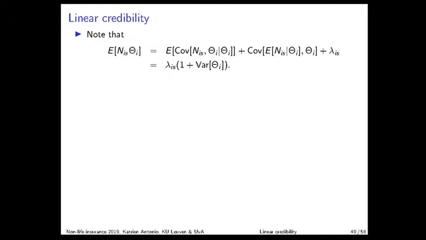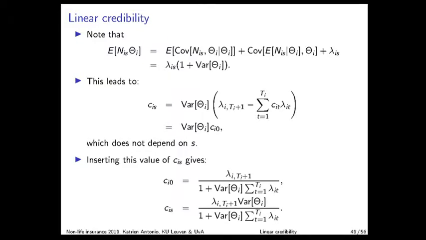Then we rewrite the covariance using the expression for total covariance. In this expression, we know that the covariance between N_is and theta i given theta i is 0. And the second term in the expression becomes the covariance of lambda_is times theta i and theta i. That is lambda_is times the variance of theta i. Putting all these together, we find the following result for c_i0 and c_is, where the s runs from 1 till t_i.